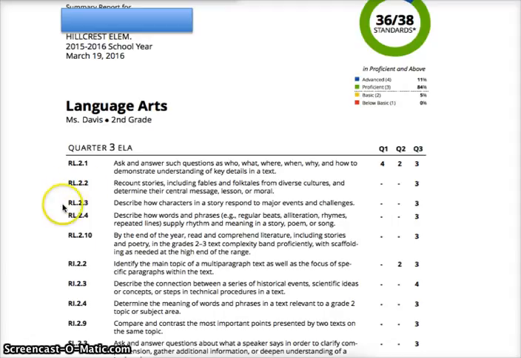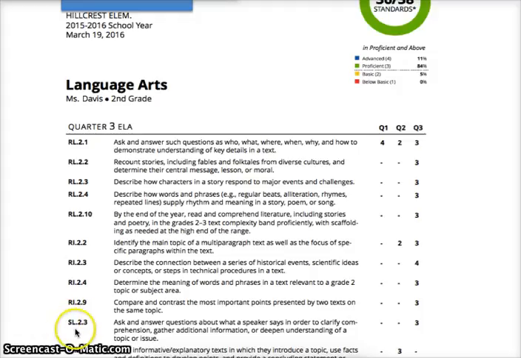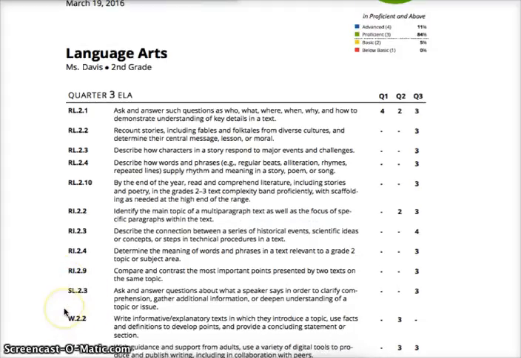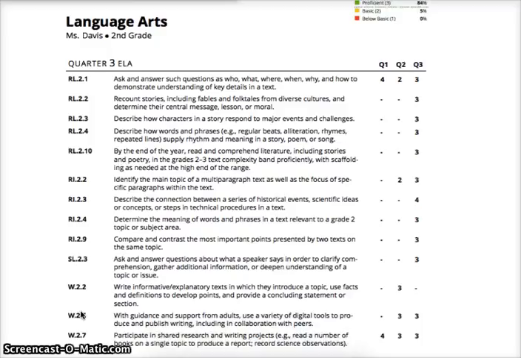It's because 1 is reading literature, 1 is reading informational. You'll also notice SL, which is speaking and listening, and W means writing. So there's different standards, and it's the same for math. Some are for measurement, some for algebraic things. You just have to really look at the standard, and if you have any questions, please let me know.